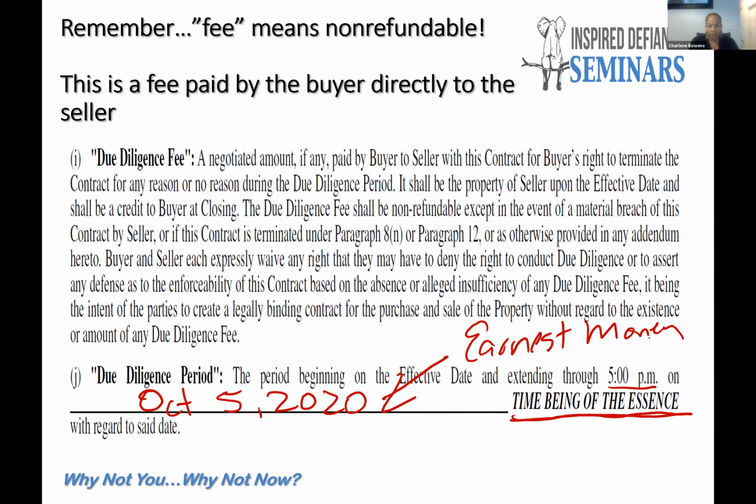Because this is the date when the earnest money goes from refundable to non-refundable. That's what happens on this day. Because the due diligence fee is non-refundable regardless. That's right. The due diligence fee is non-refundable no matter what, but the earnest money at the beginning is refundable until we get to this date, and then the earnest money becomes non-refundable.